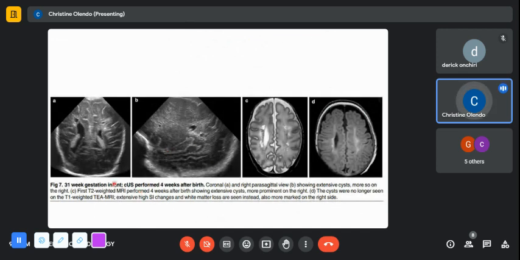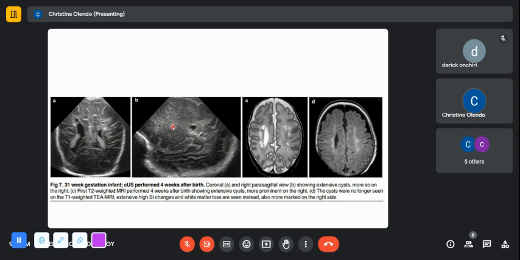We have a 31-week gestation infant. This was done at 4 weeks. We have the coronal and a parasagittal view. Again, we have cysts that are visible around this area. That is in A, and in B, we have the cysts in the frontal and part of the parieto-occipital lobe. And then on image C, this was a T2 weighted MRI.